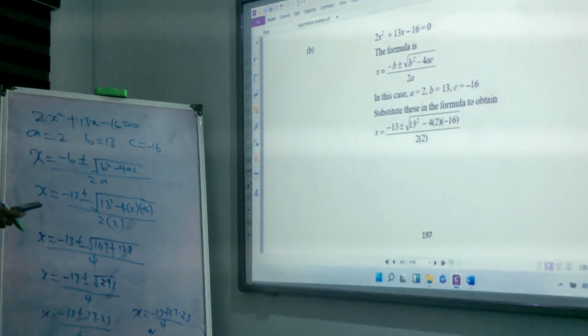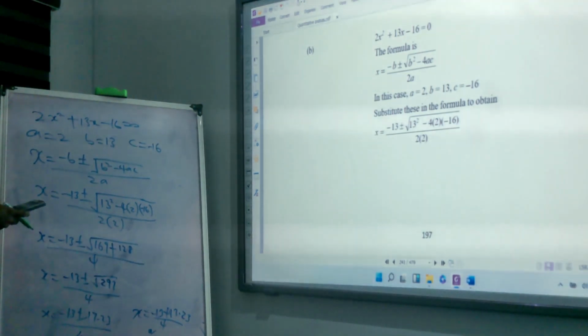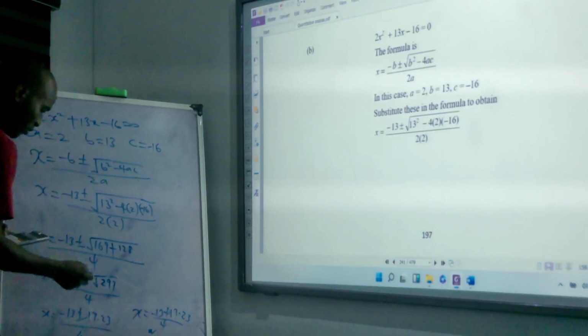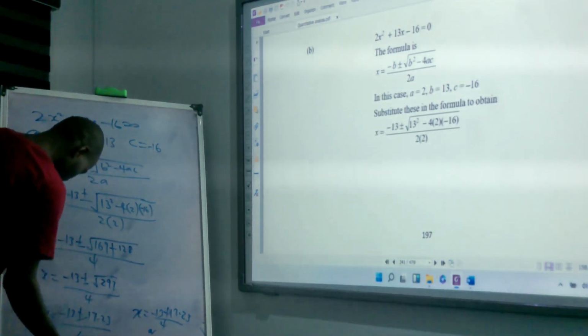And for the second one, minus 13 minus 17.23 divided by 4, we obtain minus 7.56.